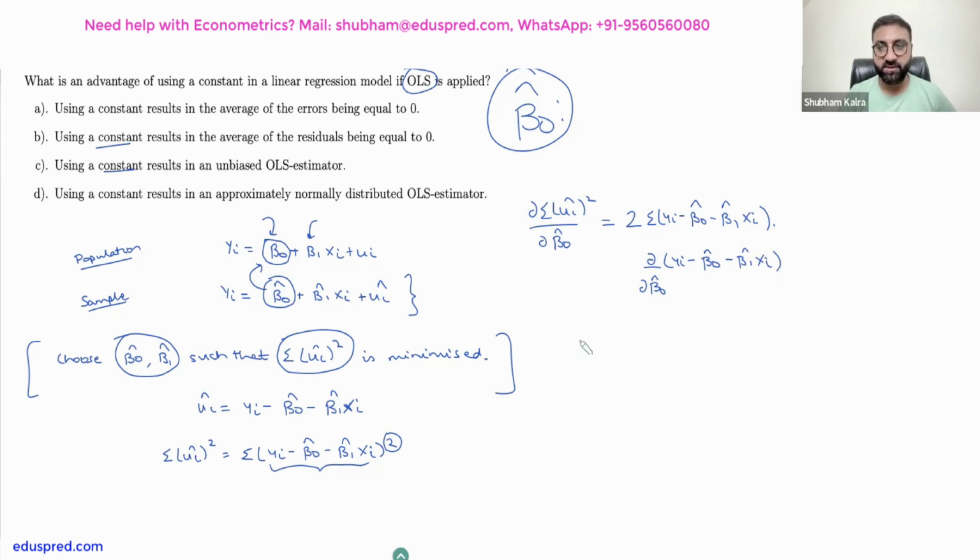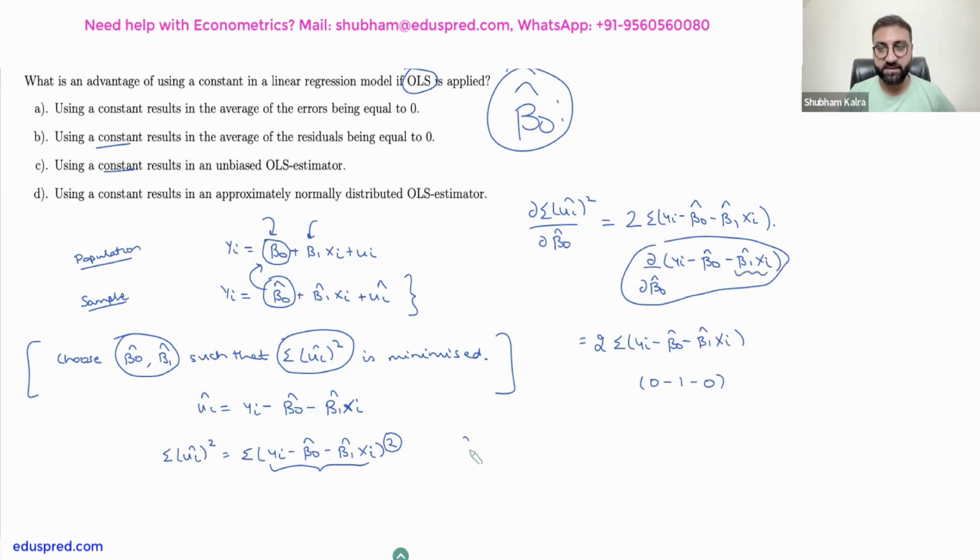Once I do this differentiation, I'll get 2 summation of yi minus beta 0 hat minus beta 1 hat xi, and then the differentiation of the second term is going to be 0 minus 1, because the differentiation of beta 0 hat with respect to beta 0 hat is 1, and the differentiation of the other part is 0.